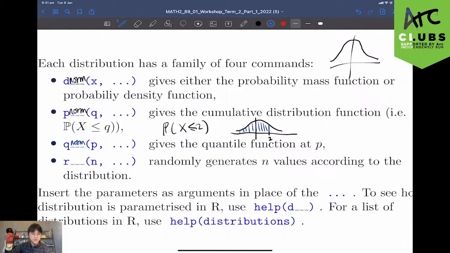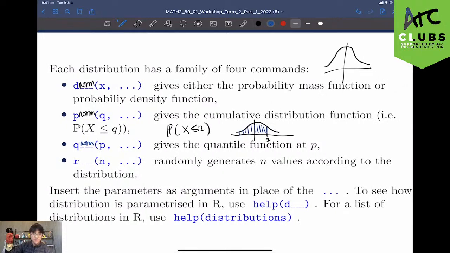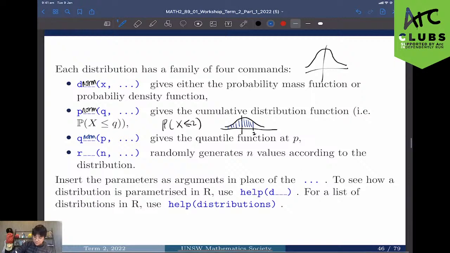qnorm gives you the inverse of the CDF. So it gives you the quantile. For norm, it gives you the z-score of the quantile. So if you, for example, do this, it is going to tell you the value of x where the area to its left is going to be 0.96.